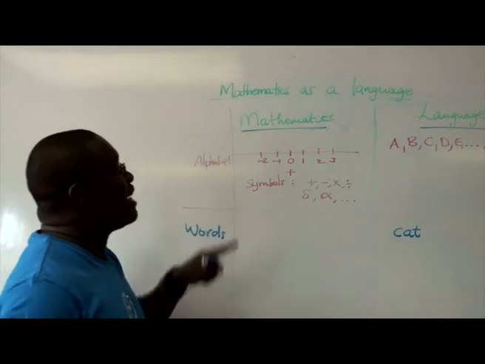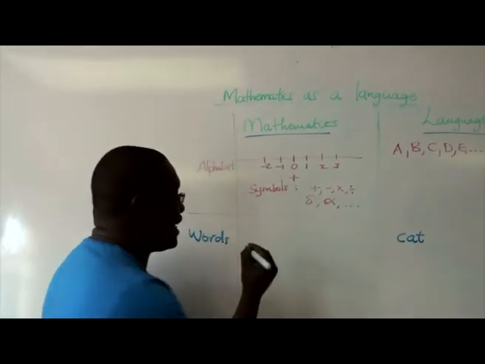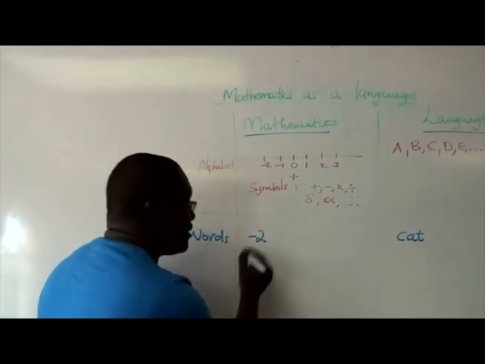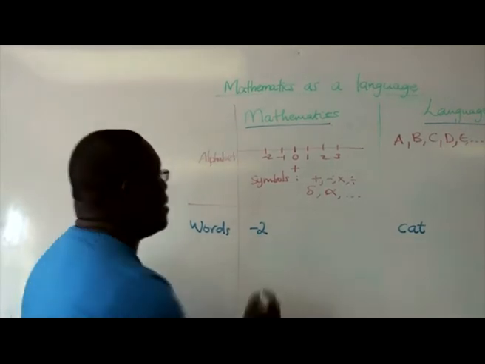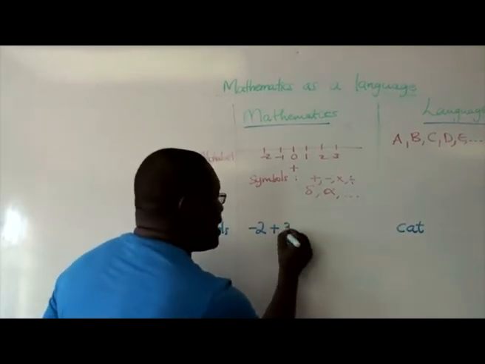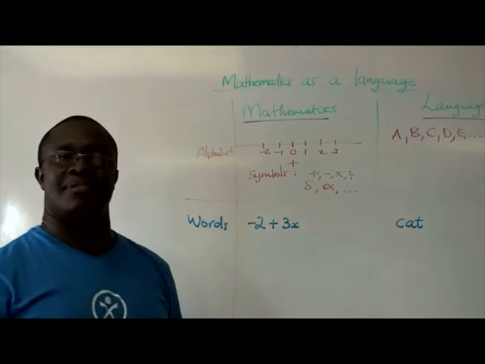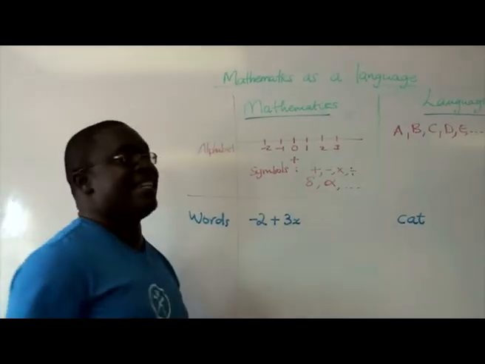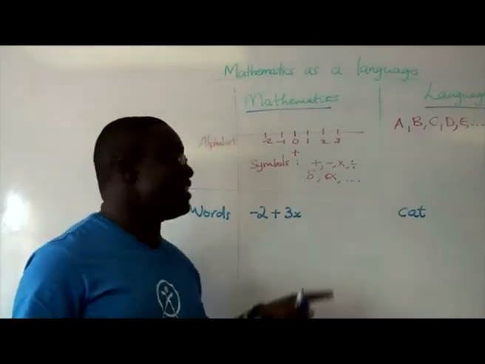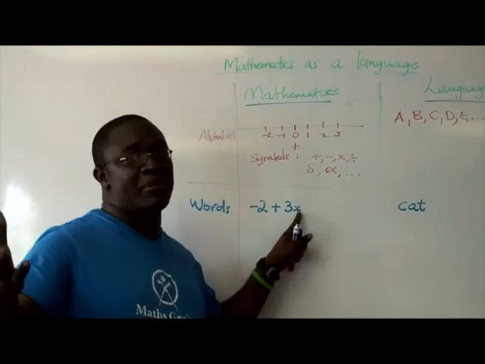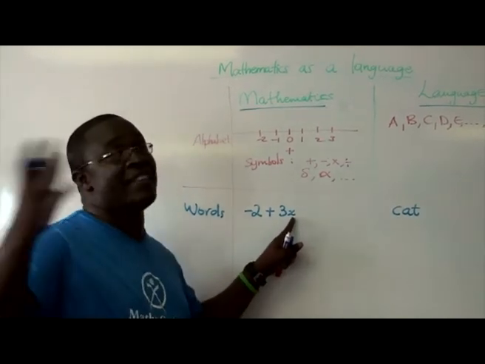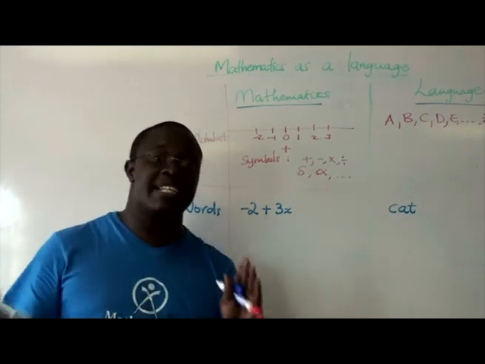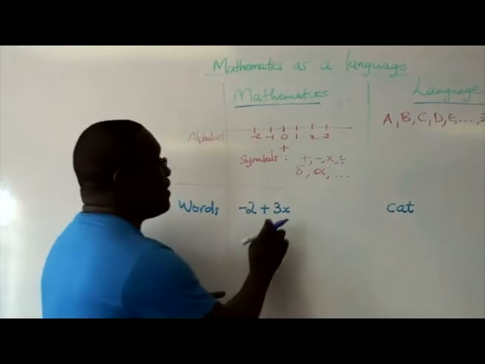So let's say, for example, we get a real number, -2, right? -2, and then we say plus 3x, where 3x is another real number, right? Where x is an unknown variable, right? X can be any value. So don't be intimidated by the x, but we're just saying this is a real number.